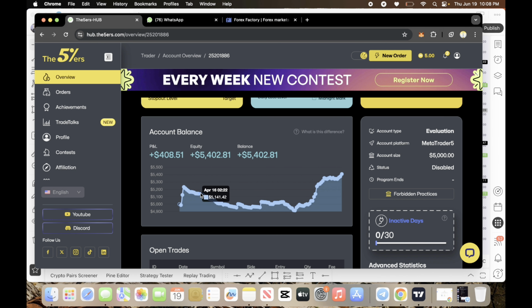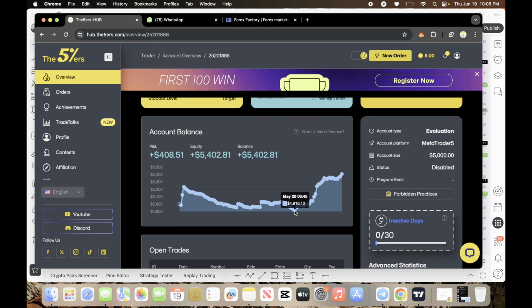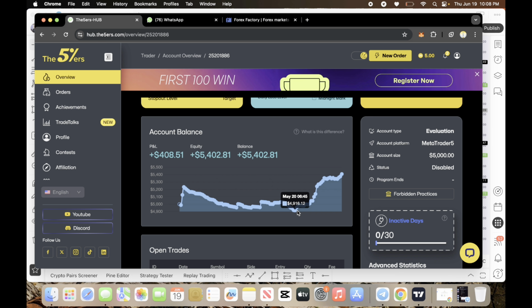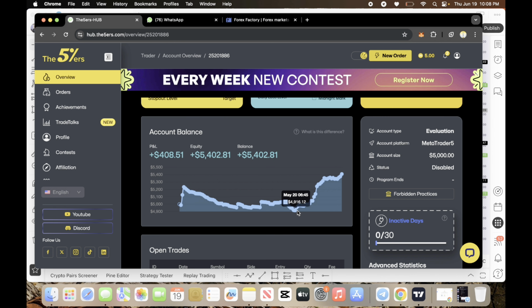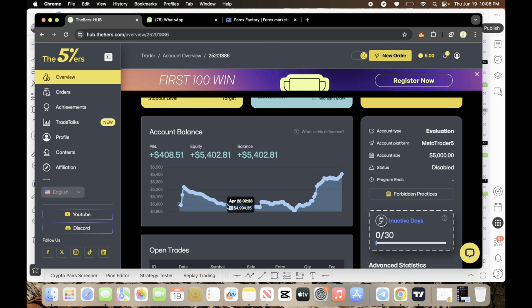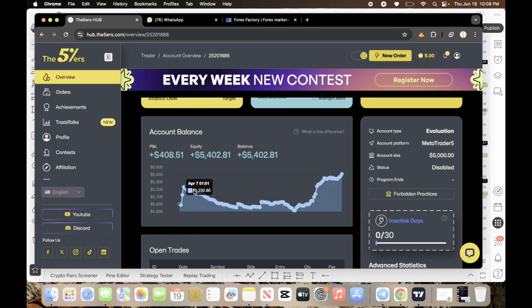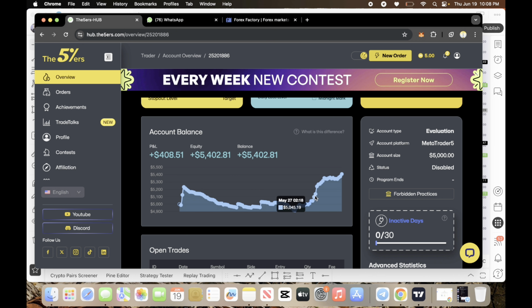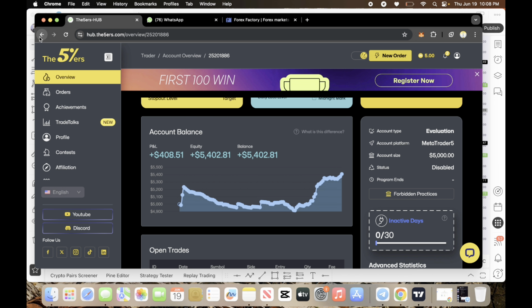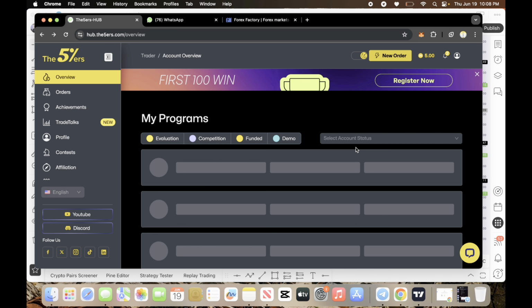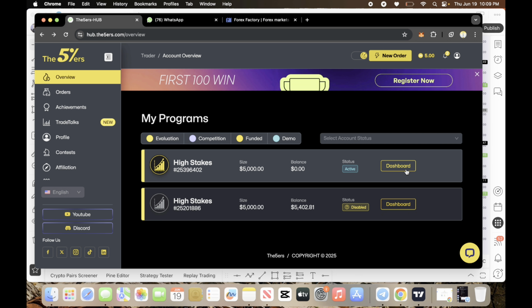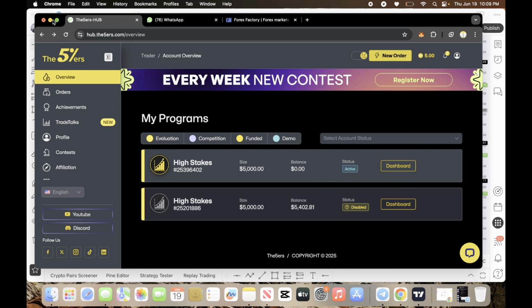The first time I traded the account, I actually went down to 9,016 dollars, because when I started trading the account I went into a drawdown, like a losing streak. But after that, I gradually rose up and then passed the account. So I'm now in phase 2, but I've not actually taken any trade in phase 2. Maybe tomorrow or next week I'll take a trade in phase 2.